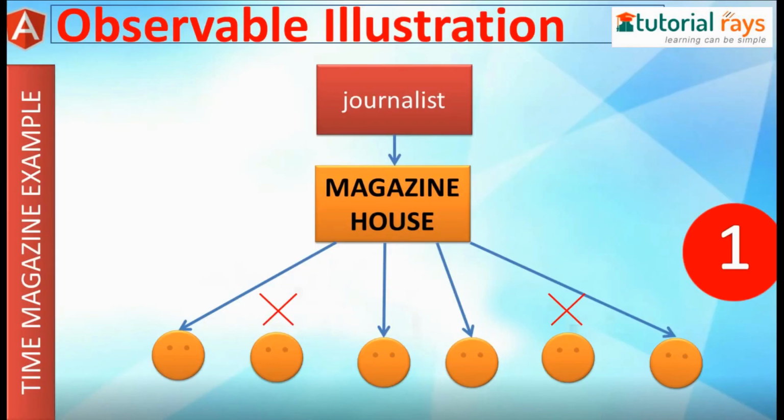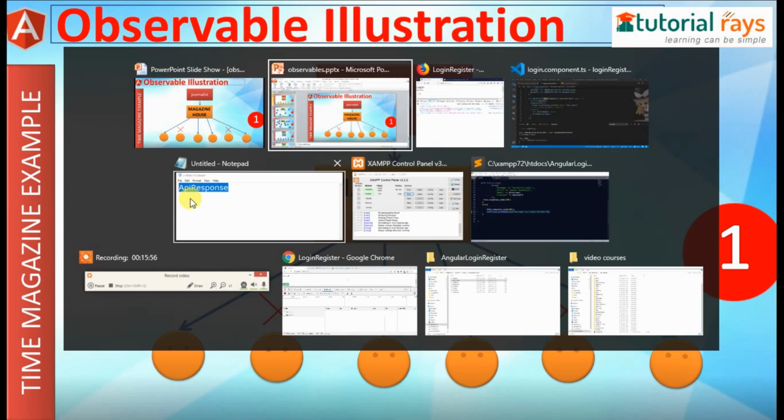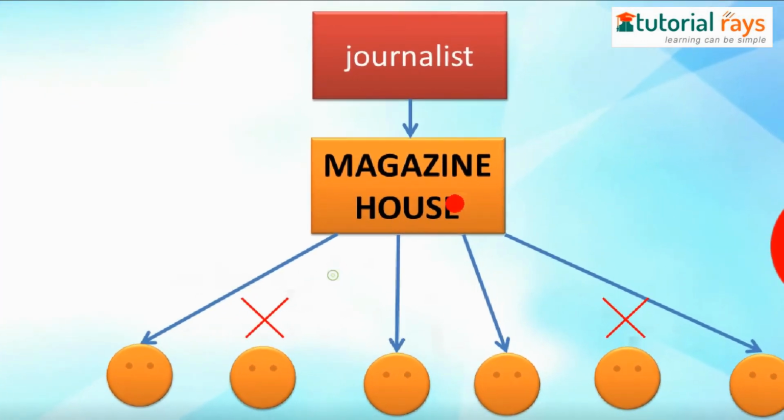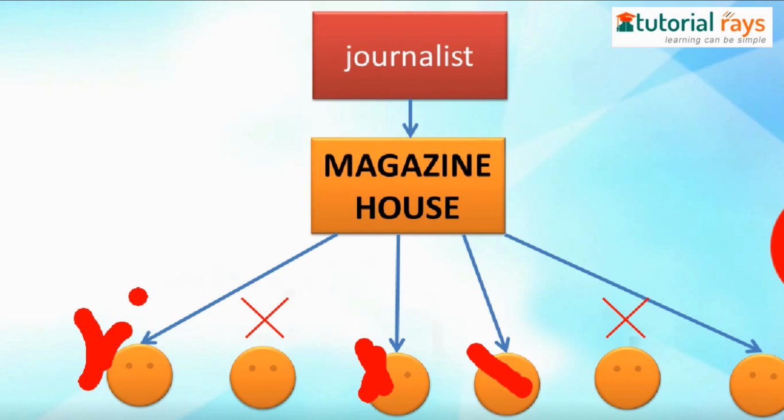Here you can see that only this user is getting one, and this user is also getting this subscription. Why?